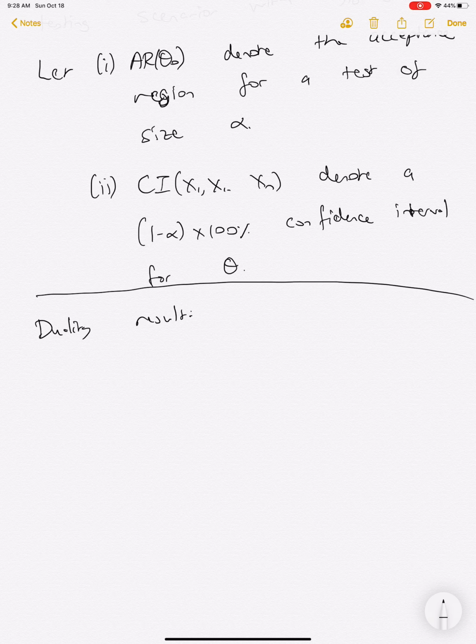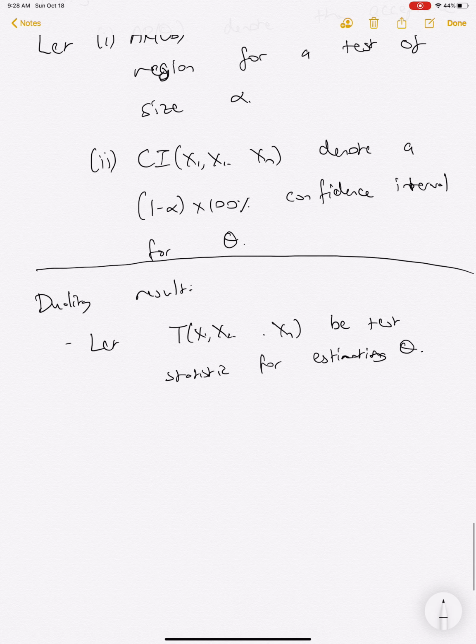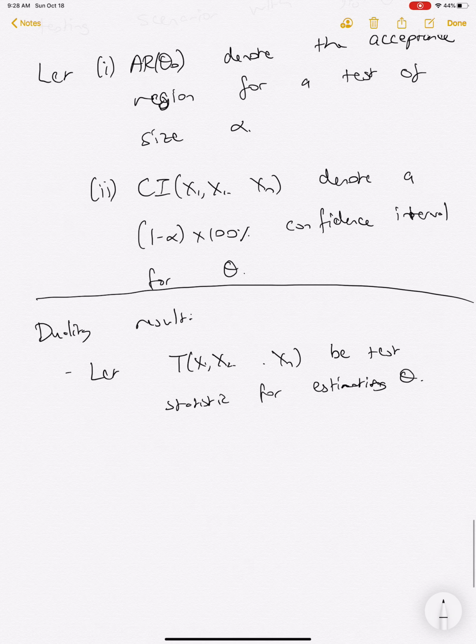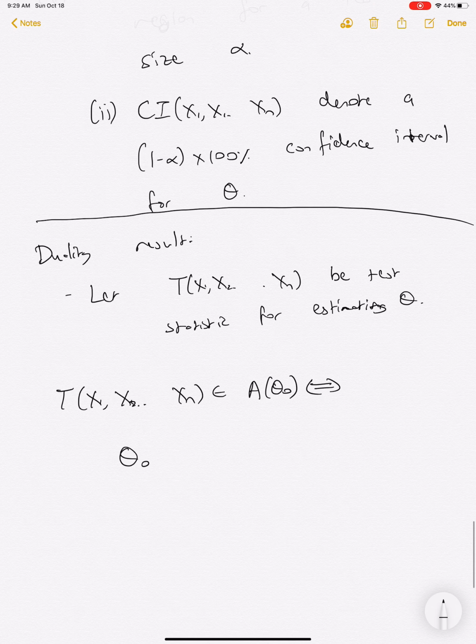So if we let T of x1 through to xn be the test statistic for estimating theta, then T of x1, x2 up to xn in AR of theta 0 is equivalent to theta 0 in the confidence interval defined by x1, x2 up to xn.